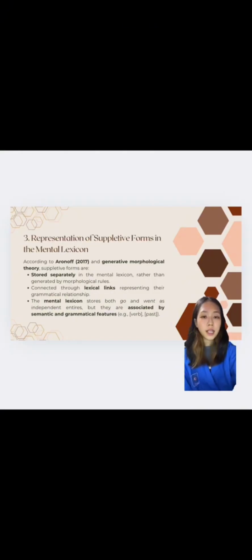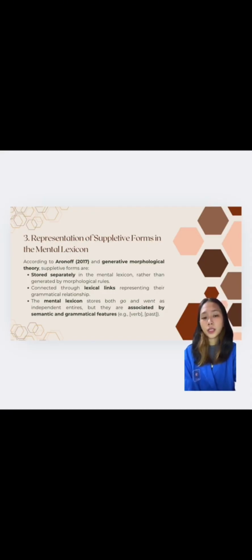Okay, the next slide is the representation of suppletive forms in the mental lexicon. I will explain this with simple points. In our mental dictionary, go and went are stored as separate lexical items, but they are linked by grammar and meaning.